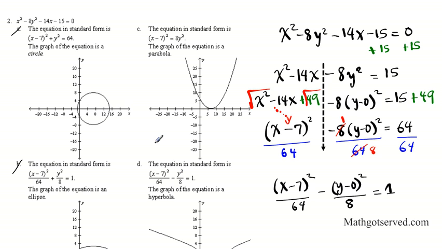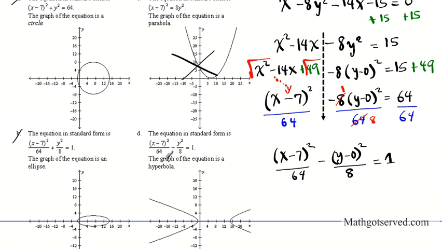So your option is either C or D. But if you look at this equation, this is the equation of a hyperbola, but C is a graph of a parabola, so this is wrong. So you can just determine that the answer is option letter D using elimination, because anytime you have two squares separated by a minus, it's always a hyperbola, not a parabola. Okay, so the answer is option letter D.